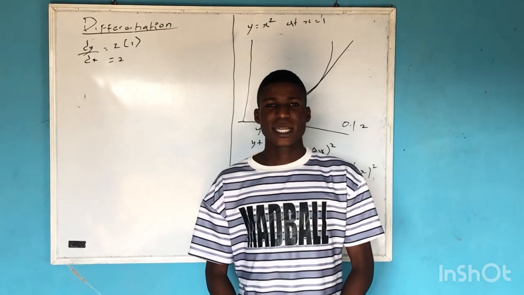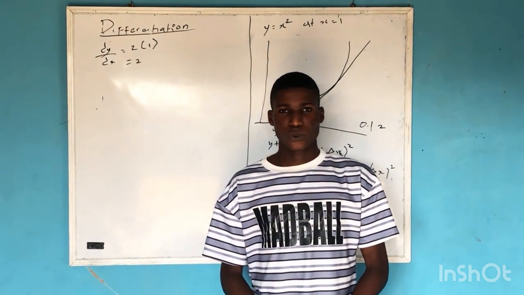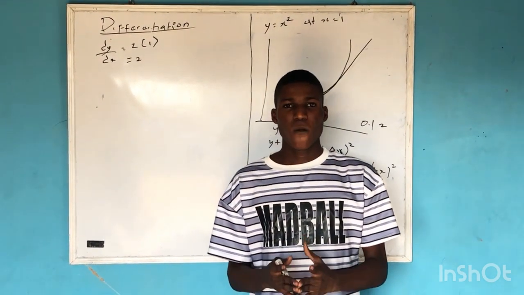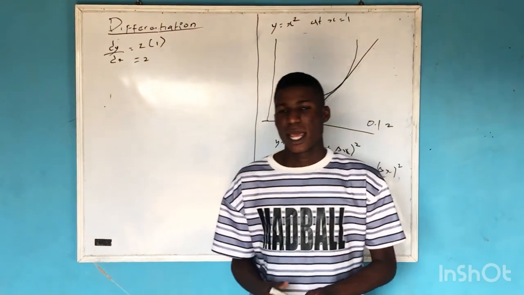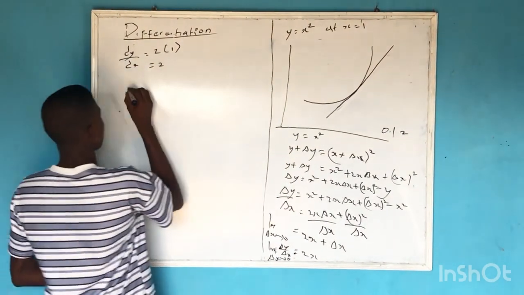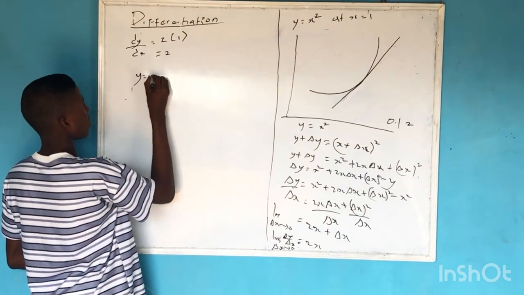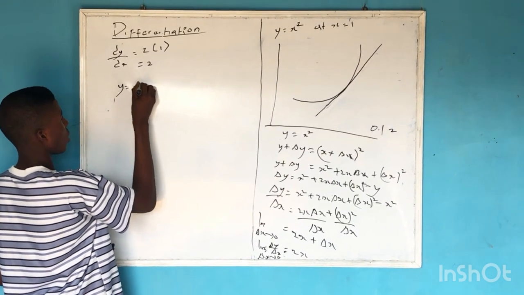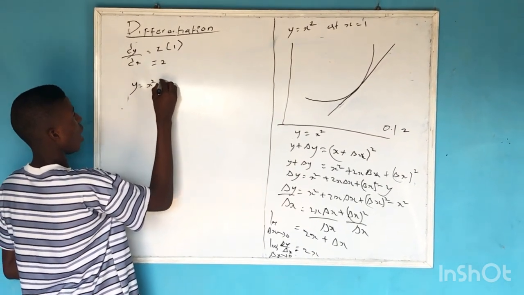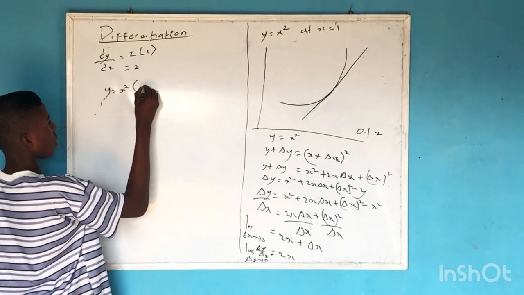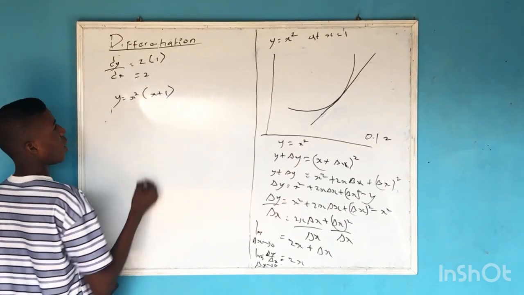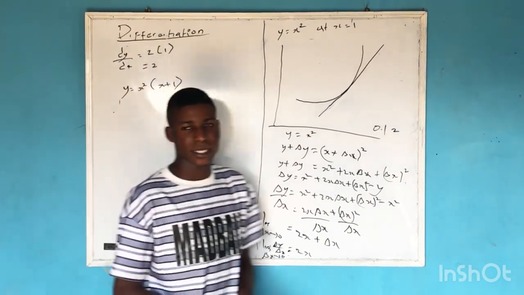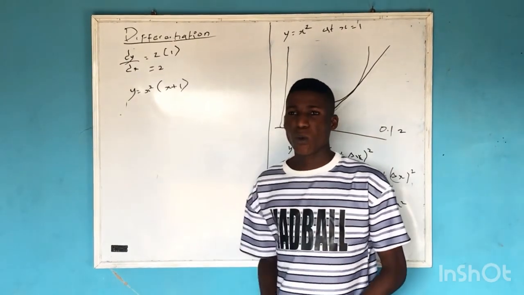So now we're looking at the product rule. The product rule is with two functions. Let's say I have y equals x squared times (x + 1). For me to differentiate this, I will apply what we call the product rule.